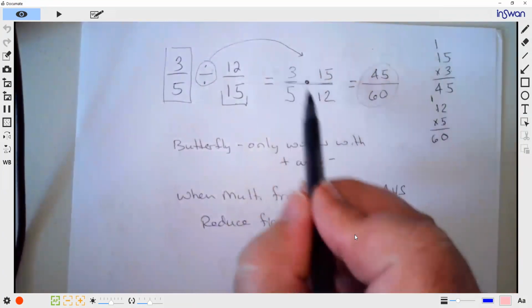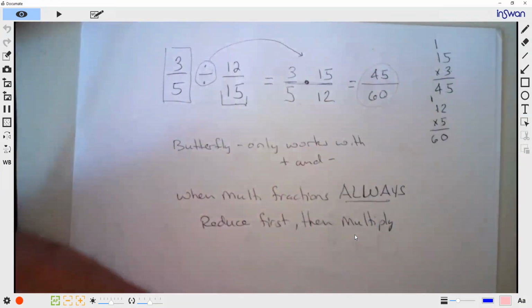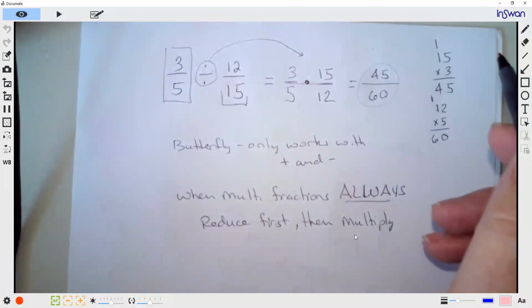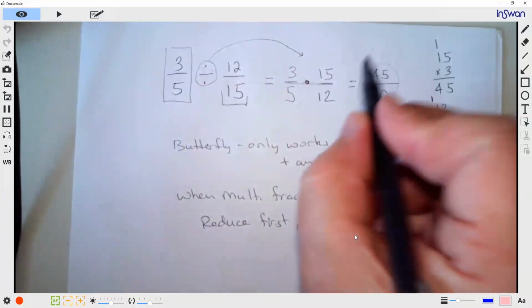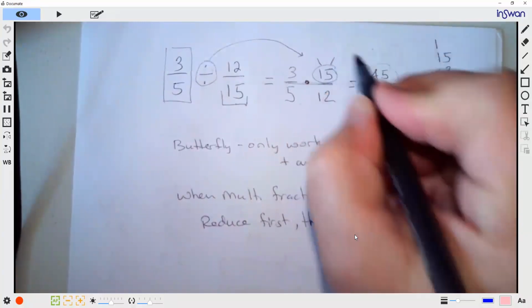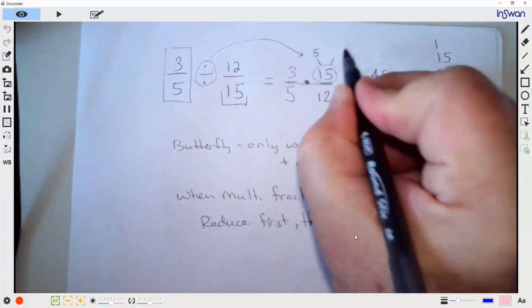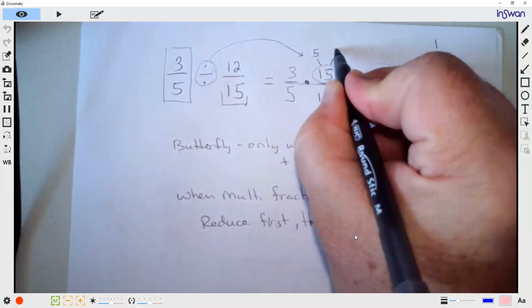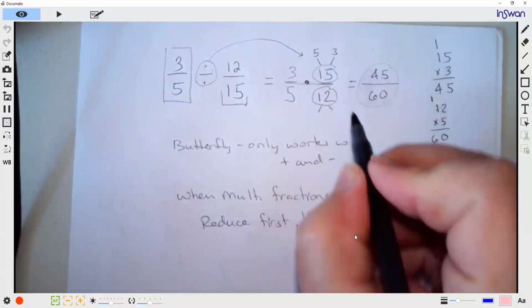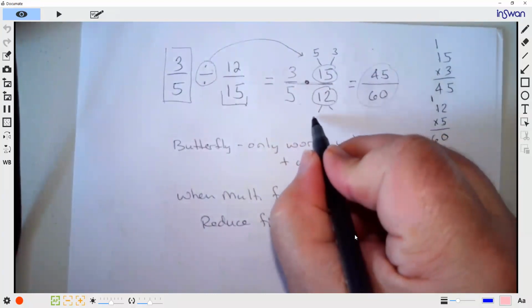Can anything on top cancel with anything on the bottom? Let's see. What is 15 made up of? 5 times 3. What's 12 made up of? 3 times 4.